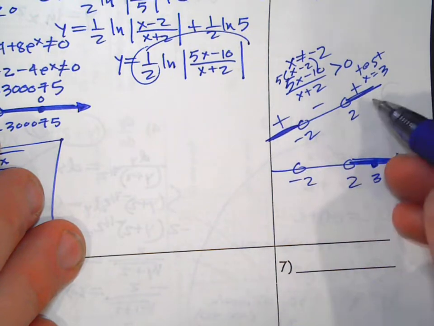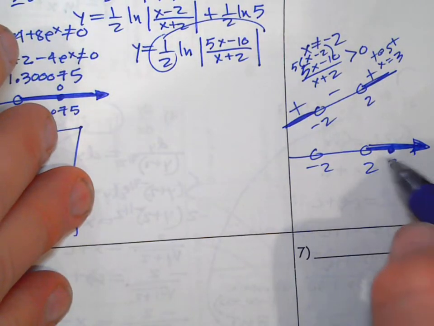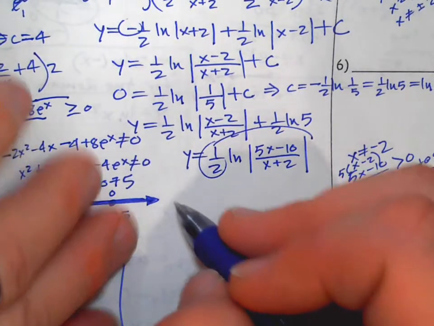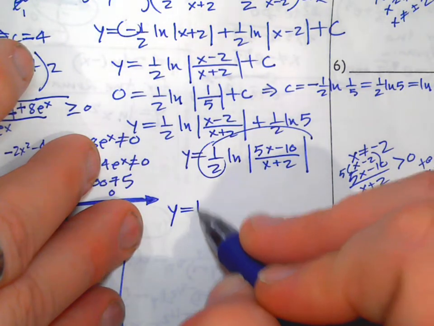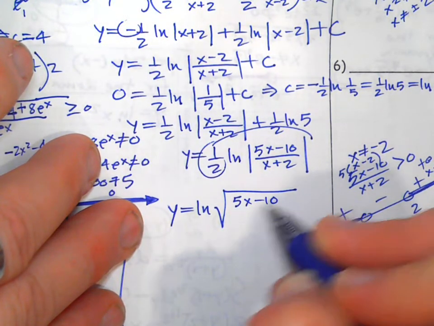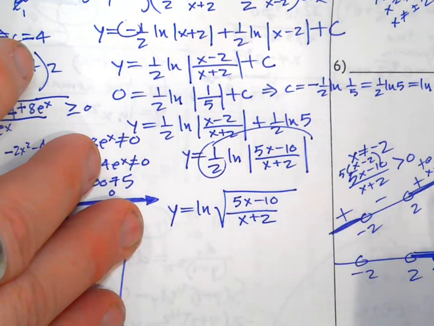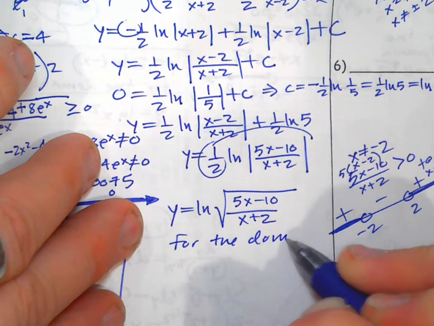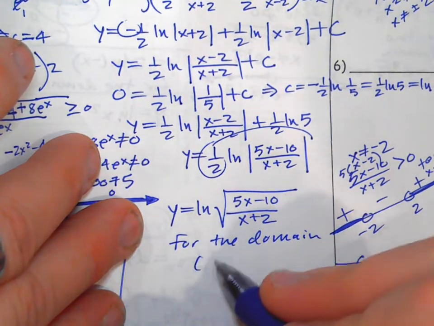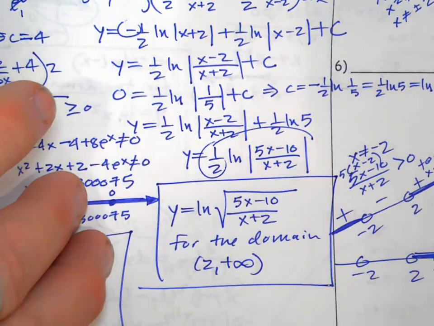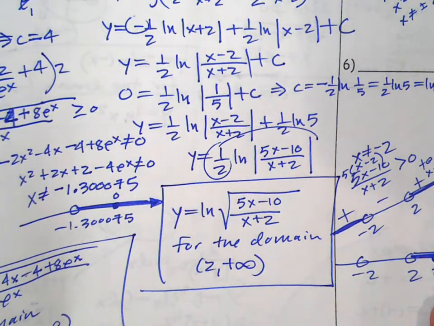But that was unnecessary. We could just do this one line check. So we know we're going to be plugging things in that are bigger than 2. So that's going to be positive. The inside is always going to be positive. So our final answer, y equals natural log of the square root, drop the absolute values, because it's going to be positive for sure, for the domain to the positive infinity. There you go.